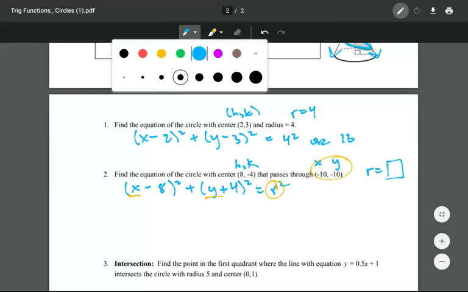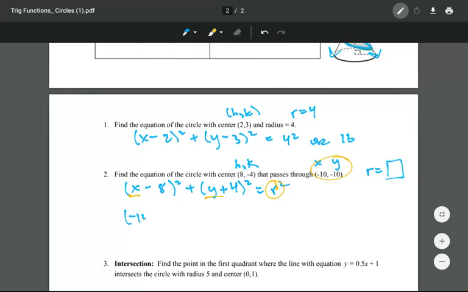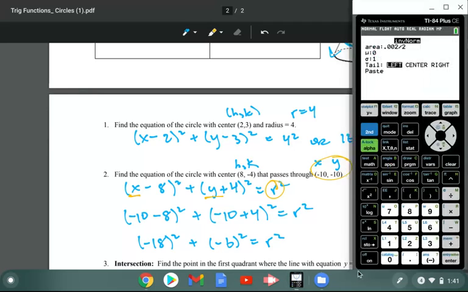So going back to my blue pen, x is negative 10, so I get (negative 10 minus 8) squared plus (negative 10 plus 4) squared equals r squared. This is going to be negative 18 squared plus negative 6 squared equals r squared. Negative 18 squared is going to end up being positive, so I just want 18 squared, and we get 324.